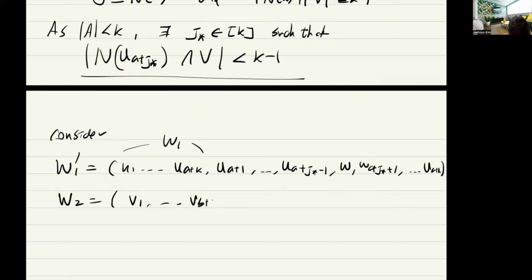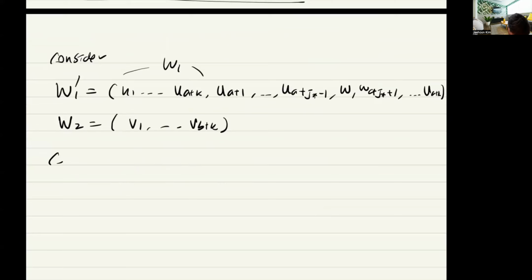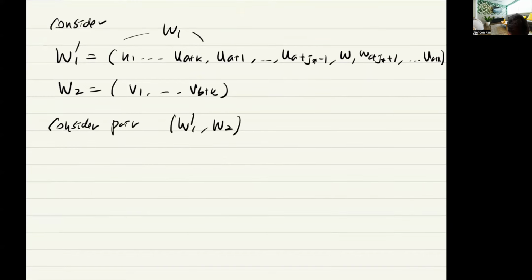Then you consider a new pair, W prime 1 and then W2. Now your last K vertices here are U prime, which is, you kick this out and you add this.